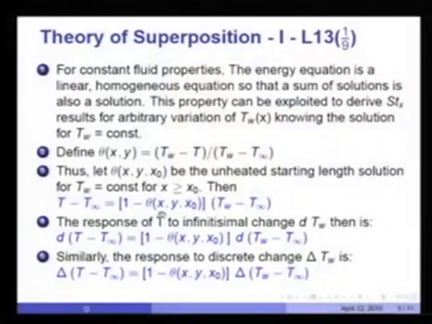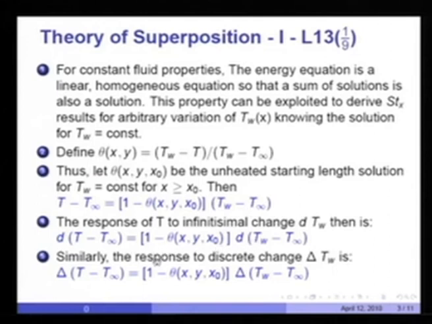For continuous variation, the response of this function to an infinitesimal change dTw will be simply dT minus T infinity equal to 1 minus theta(x, y, x naught) dTw minus T infinity. It is straightforward. I have just differentiated this, keeping this part constant.